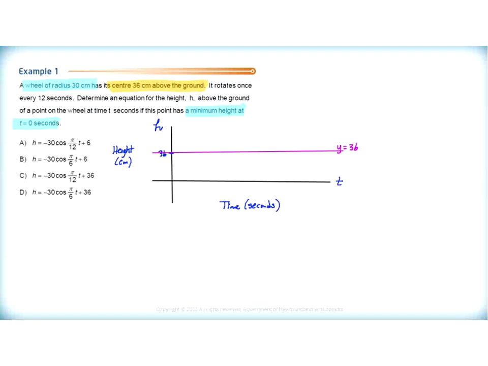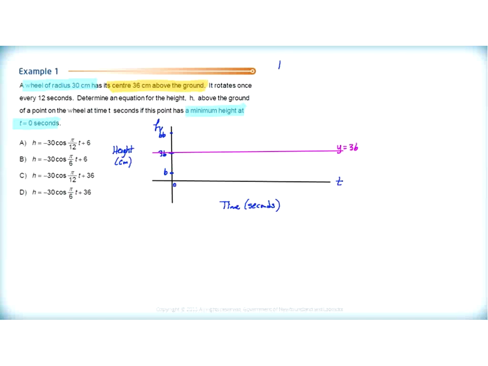So we know that when t is equal to 0 seconds, the minimum point of that wheel, if the radius is 30 centimeters, has to be at a height of 6 centimeters. And the maximum height would have to be 36 plus 30, which is 66 centimeters.